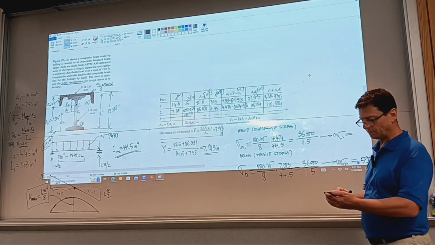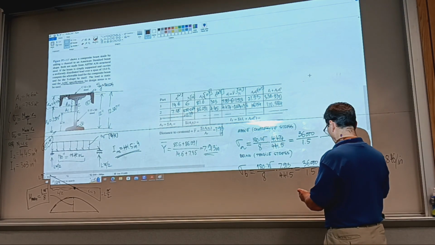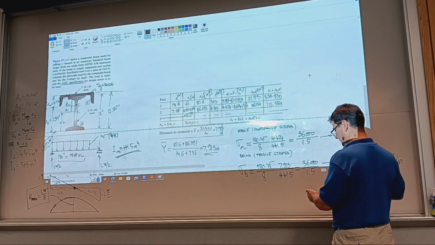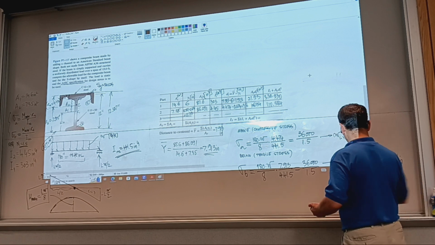Now, if we want it in pound per foot, I divide by 12. So this will be 4959.5 pound per foot. And this is the answer.